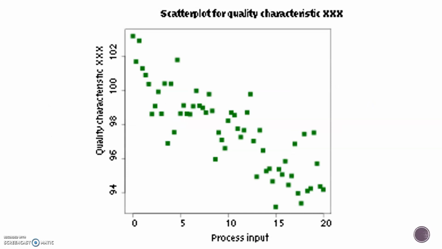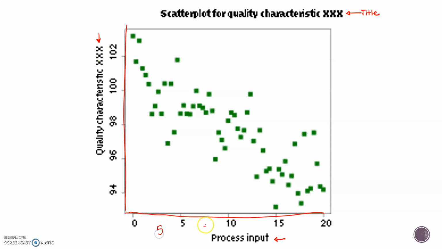So this would be an example of a scatter plot. Notice that they have a title, and there are labels on each of the axes. They're telling us on this horizontal axis we're measuring process input. We don't really need to know what that is for this, I'm just showing you an example. On this axis, they're measuring quality characteristic X. Then notice that along the horizontal, they're counting by fives.